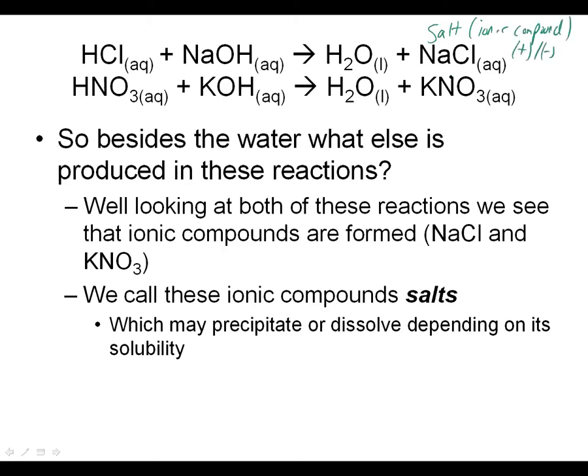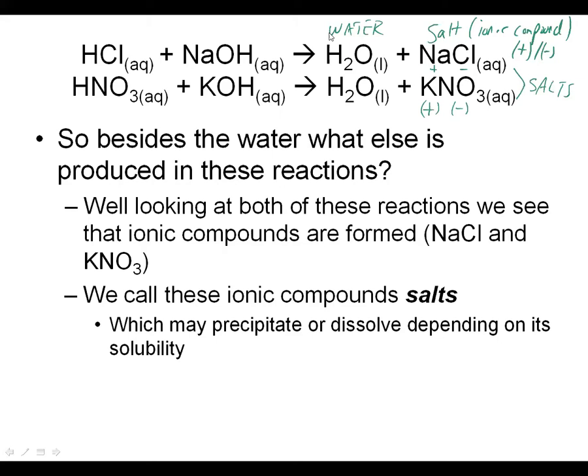So our sodium is positive, our chloride is negative, our potassium is positive, and our nitrate is negative in the next one here. So these guys over here are our salts. And obviously these guys are water. So when we do write these reactions, again, no matter what combination you put together, that is what you would expect to occur, which is a salt and water.